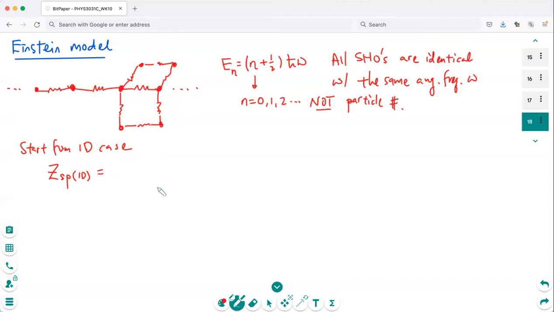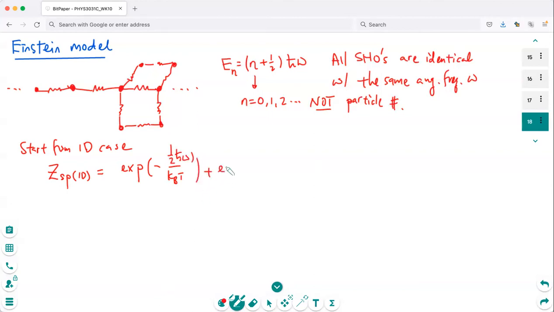For the partition function, you don't have much to do, right? You just really write down e to the minus energy divided by kBT. And this energy has to include everybody. So you start from the lowest energy value, which is a half h bar omega. Done. This is the first term.